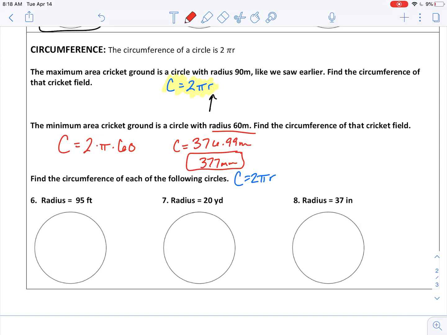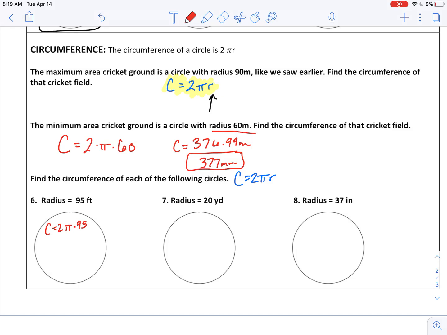Circumference is going to be 376.99 meters. And if you really felt like you needed to, you could just round up to 377 meters. I wouldn't be too worried about the rounding to the 100th, because it is 0.99.